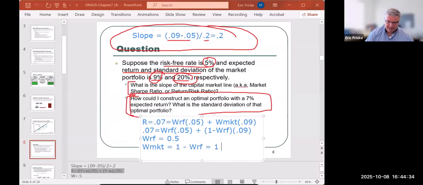It's going to be 1 minus 0.5, and so that equals 0.5. So those are our weights, 0.5 and 0.5. We did that before by just eyeballing it, which you may not always want to do, but this is the mathematical way to do it, just using a little algebra.